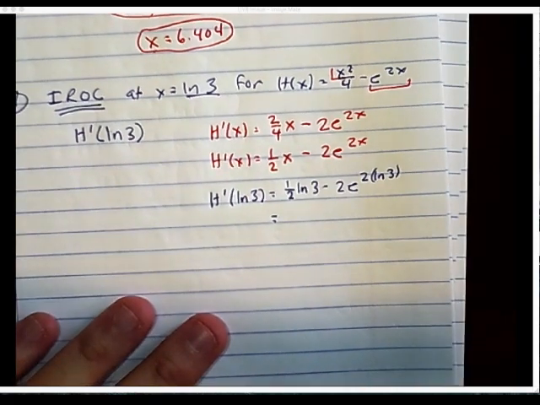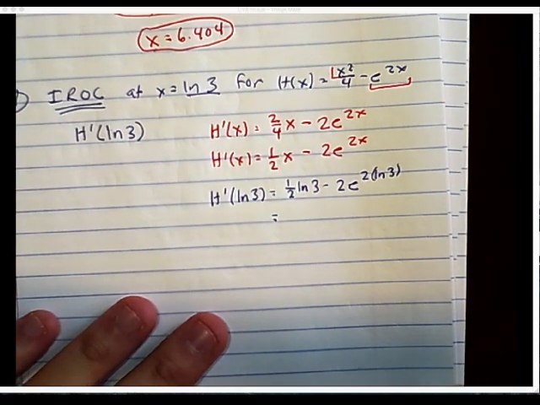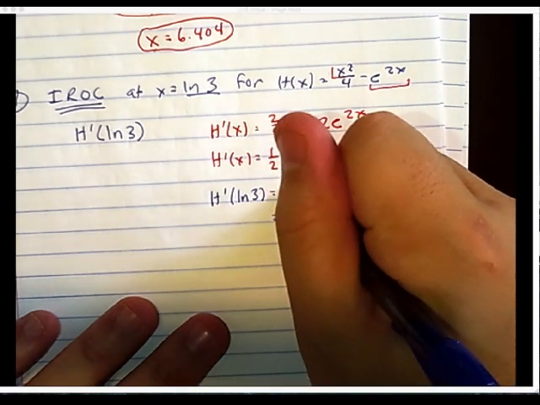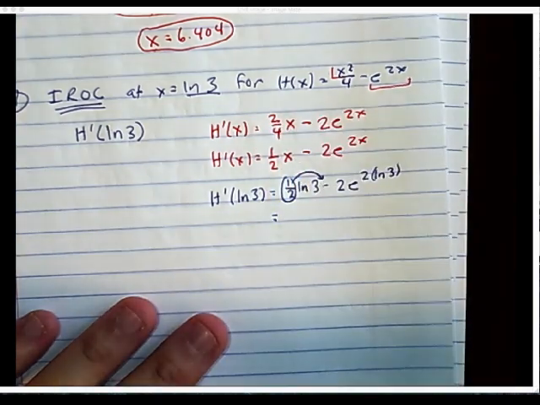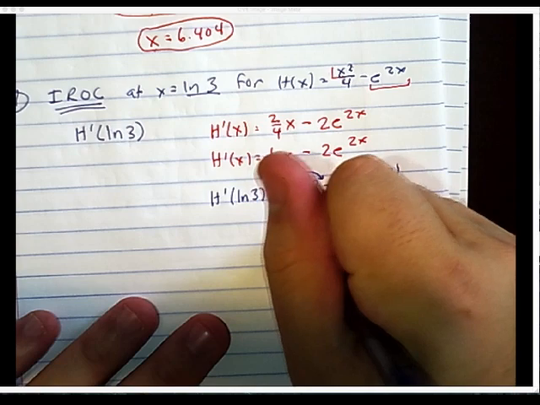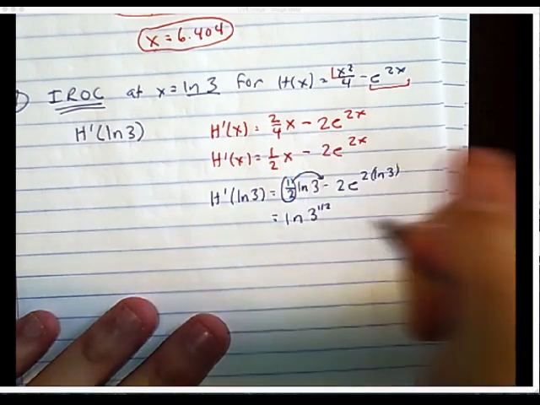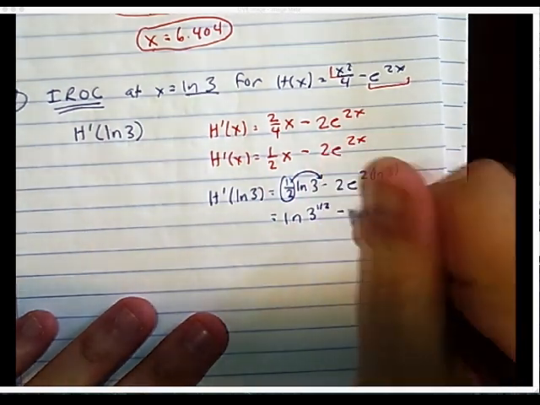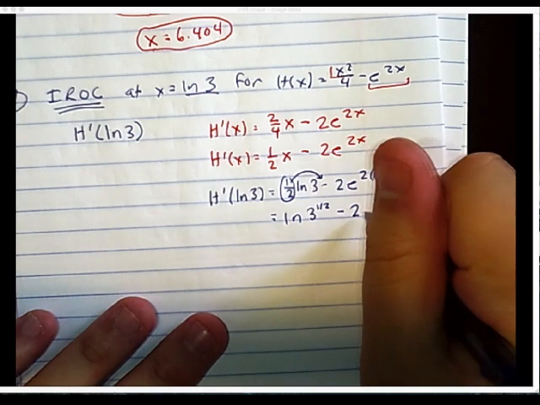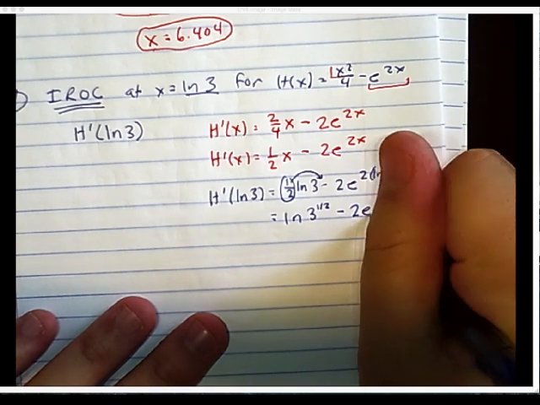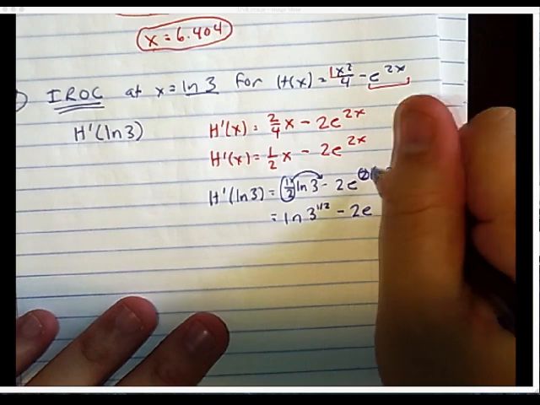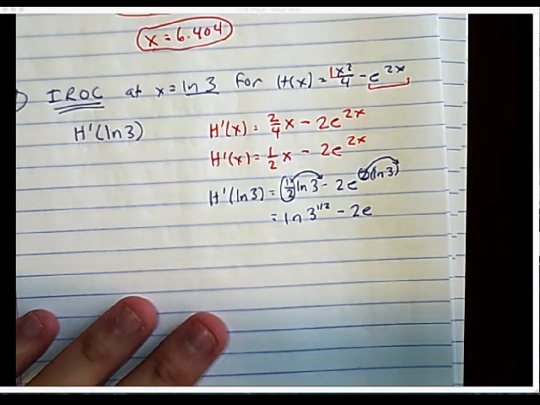Simplify if we can. No big deal there. All right. This is a coefficient. I can actually move it to the exponent of that. So I can write this as ln of 3 to the 1/2 power minus 2e. And again, that 2 is a coefficient. I can move it to the exponent there.